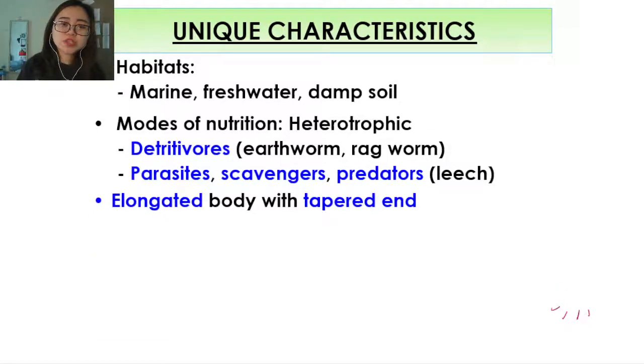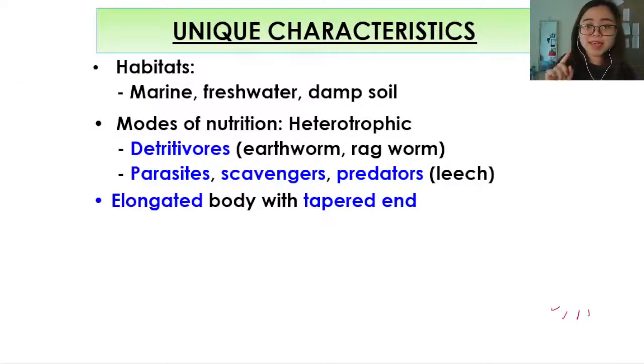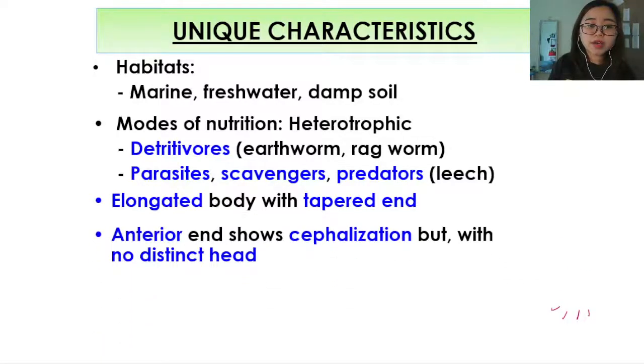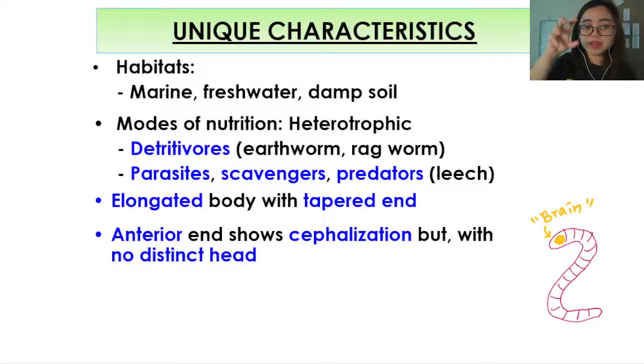The structure of an annelid worm's body is an elongated body with tapered end. So once again, tapered end means hujung dia menjadi lebih tirus. Okay, so the anterior end will show cephalization, but with no distinct head. If you're looking at the brain of an earthworm, inside there is like a cluster of neurons or ganglions.